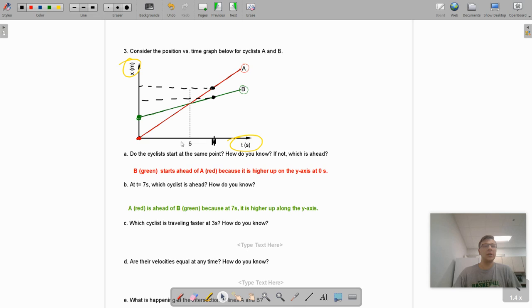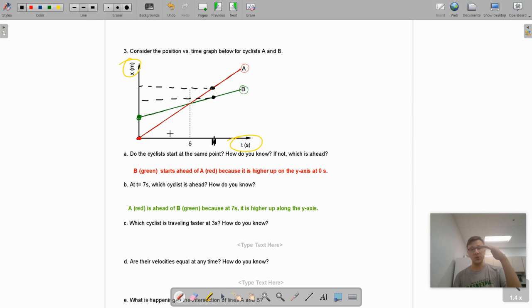So again, this doesn't really matter where I ask you behind 5 seconds. So anywhere, 1 through, really, it doesn't matter the entire time. This whole time I can tell you which one's moving faster based on the slope of the line. Remember, in a position versus time graph, the slope of the line represents the speed or velocity of the object.